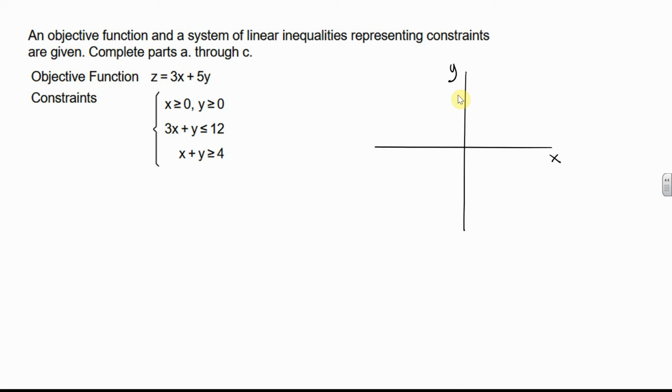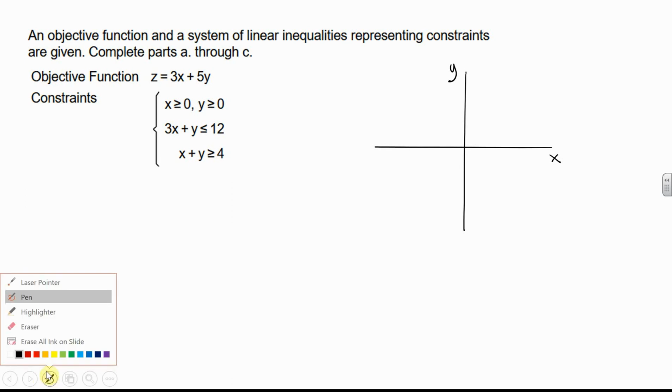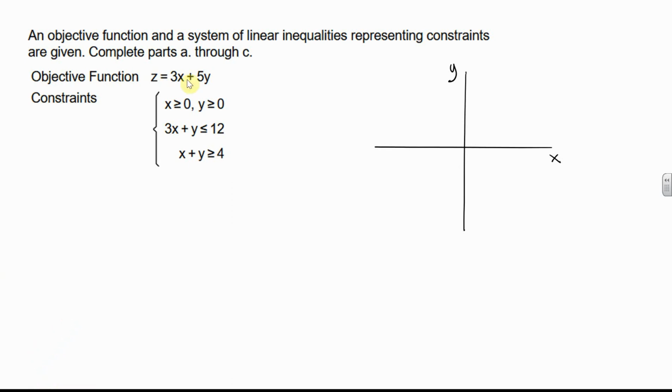So x greater than or equal to 0 is a vertical line. I find x equals 0 and then just draw a straight line. Well, that's going to be the y-axis. So this is automatically the y-axis. And y equal to 0 is the x-axis. Well, it's going to be more than that since it's an inequality, but that's where we start.